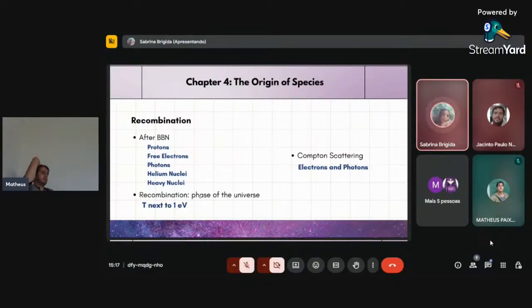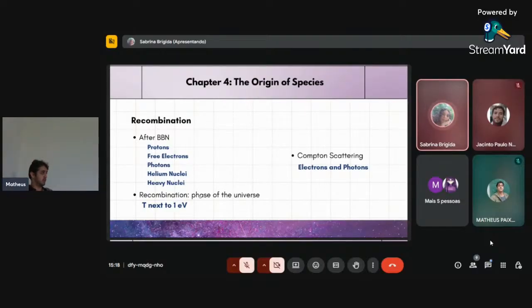We know that in the primordial universe, the electrons interacted strongly with photons. This is known as Compton scattering. But when the temperature of the universe dropped, the energy of the photons also decreased.